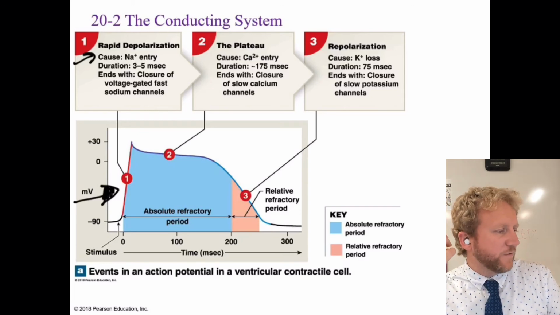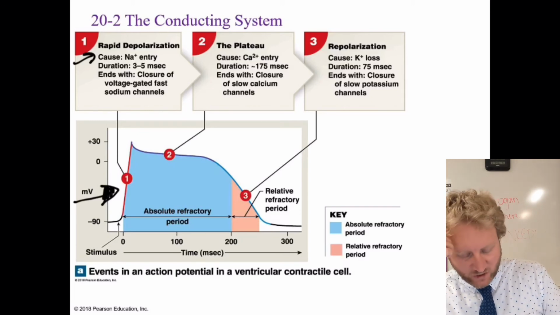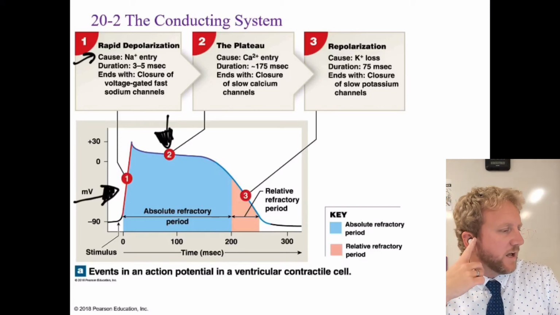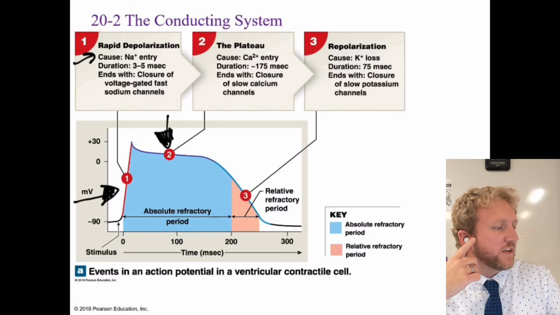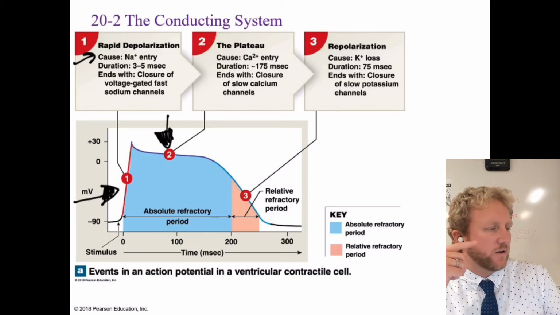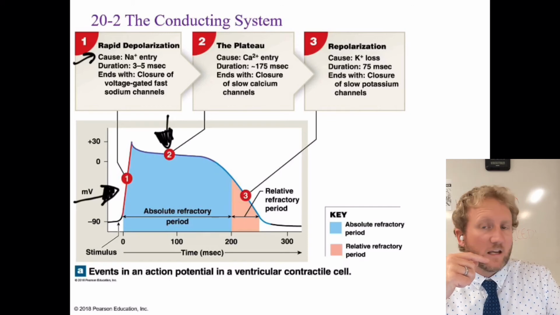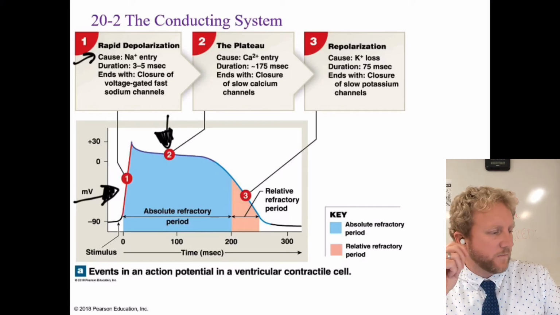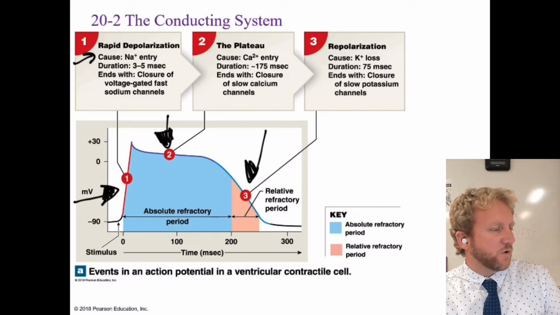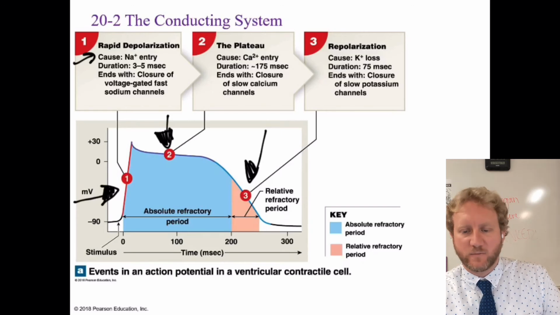Then we have the plateau, which is here at step 2, which is caused by calcium entering into the cell from the interstitial fluids around the cell. And then we have repolarization right here, where potassium is going to be leaking out of slow potassium channels.